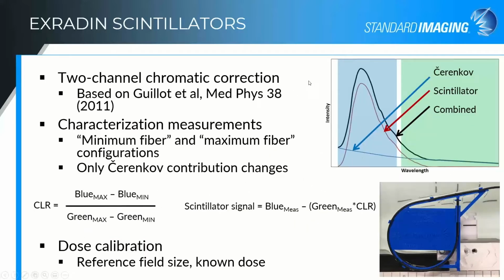So our Cherenkov correction, we use a 2-channel chromatic correction. It's based on a publication from Mathieu Guyot et al. from 2011. And what they did is they looked at splitting the full measured signal into two portions.